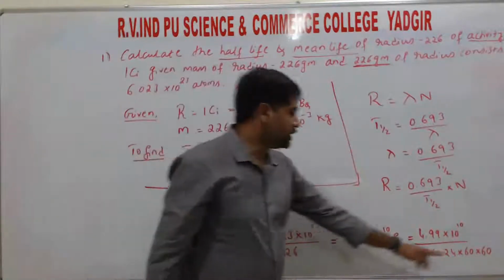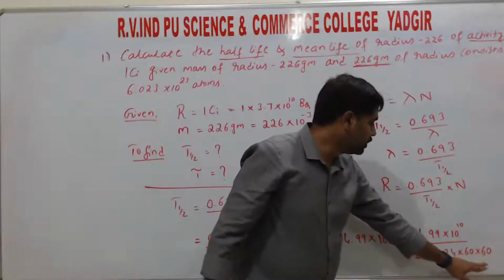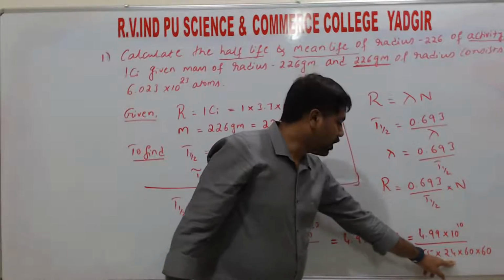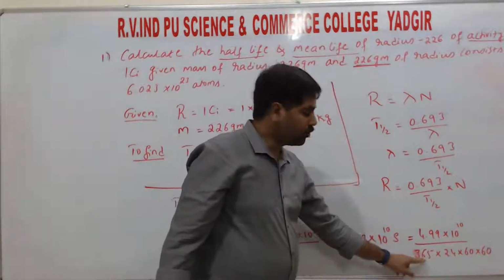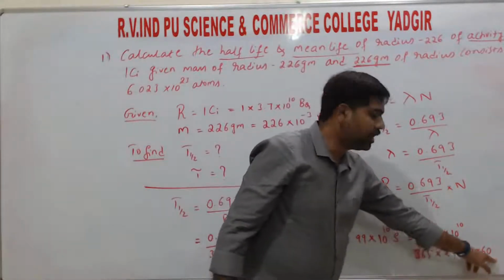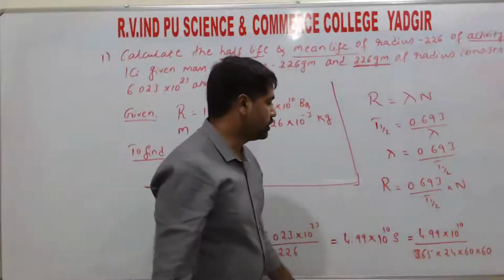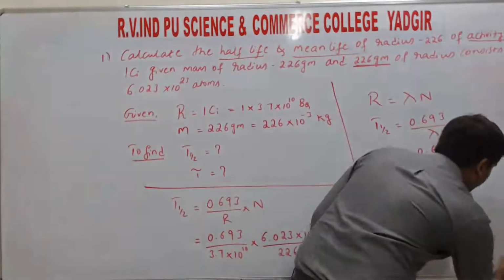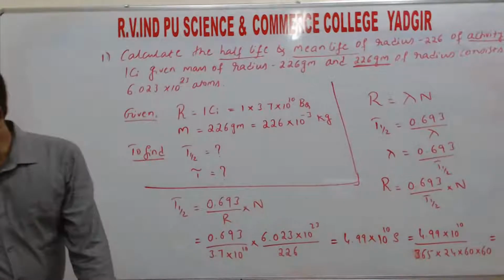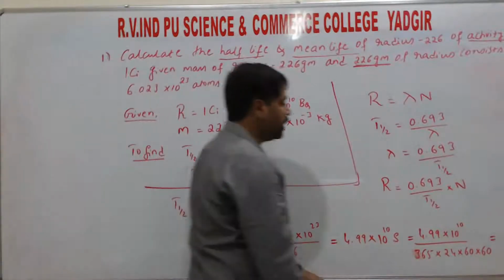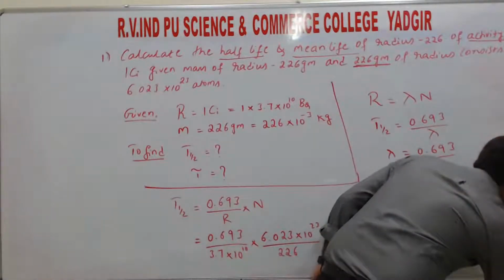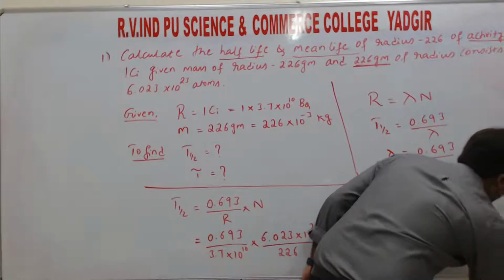That is 60 seconds, 60 minutes, 24 hours and 365 days. If we divide by this, we get the value in terms of years. If we simplify this value, we get T half equal to 1583 year.